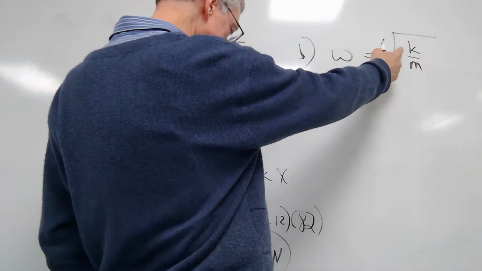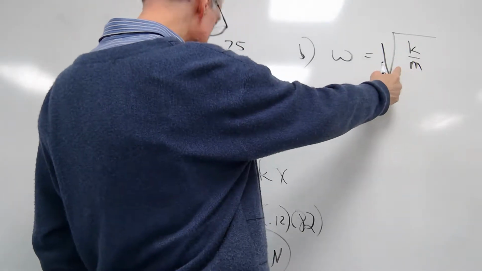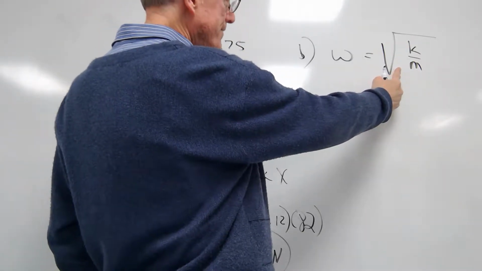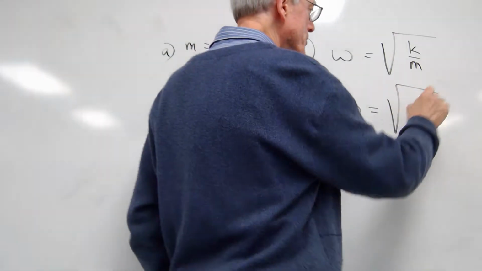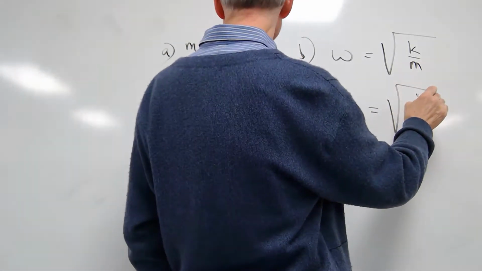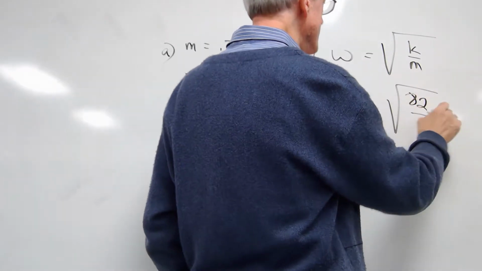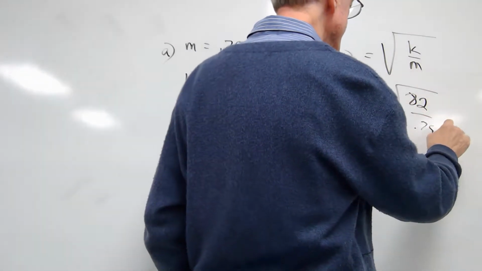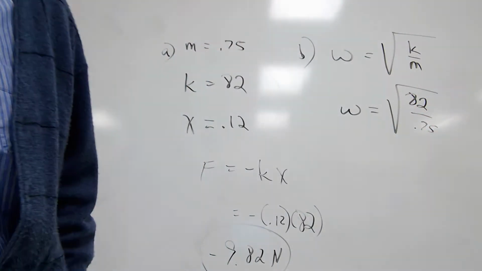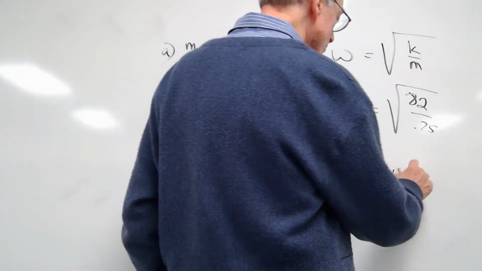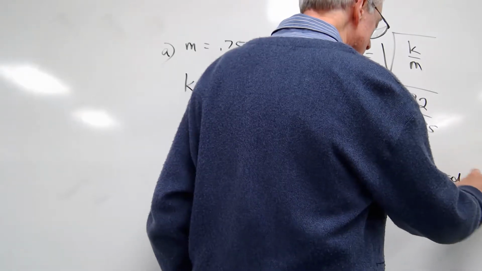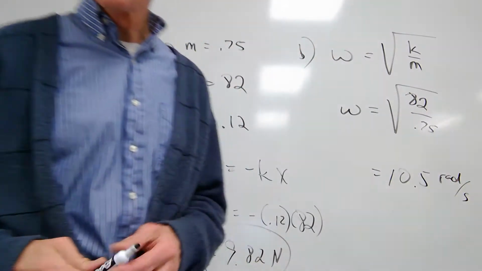Just plug in the k, which is 82, and the m, which is 0.75, and solve it for omega. So it's equal to the square root of k, 82, divided by m, 0.75. And that comes out to be 10.5 radians per second. That's the answer to part B.